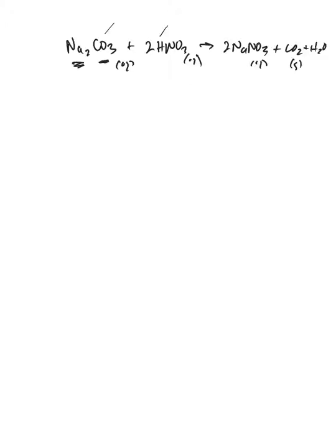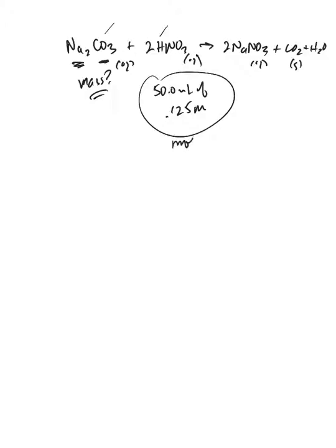This question asks, what's the mass in grams of sodium carbonate that will react completely with 50 mLs of 0.125 molar nitric acid? Well, just like the last problem, if we know how many moles we were given of the nitric acid, we could use the balanced equation to figure out how many moles of sodium carbonate and then go to mass.